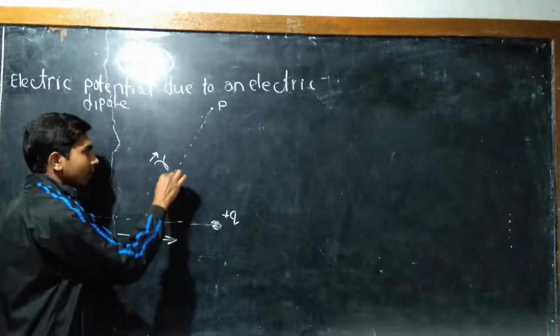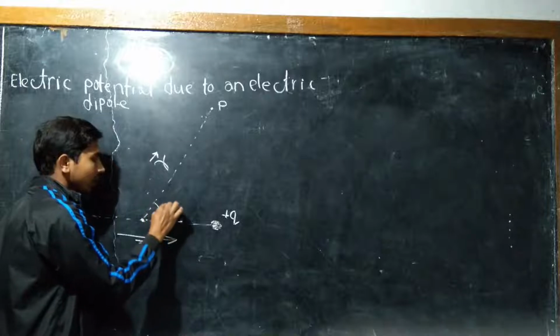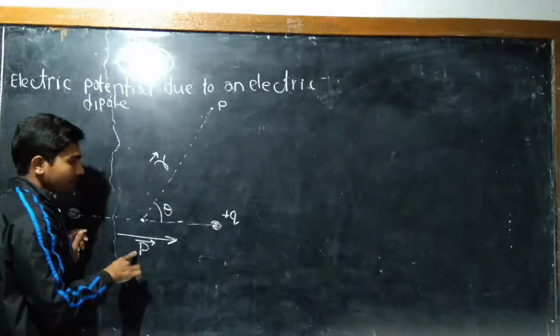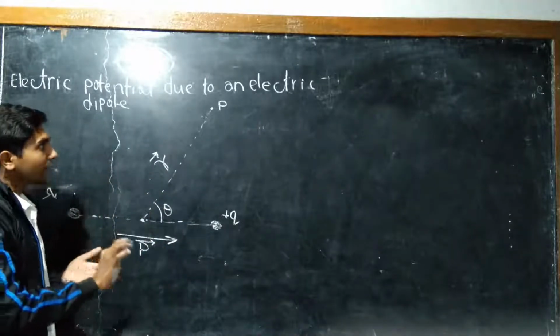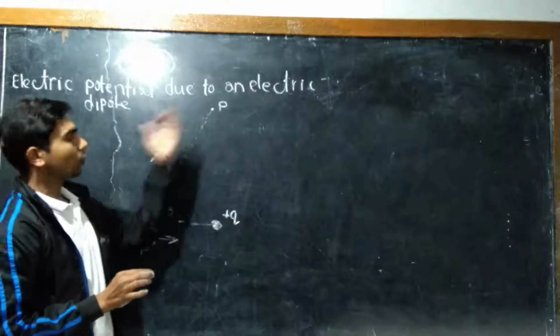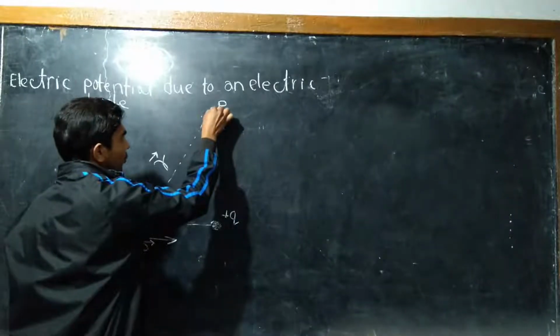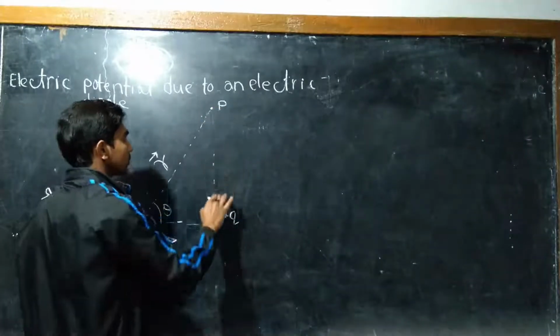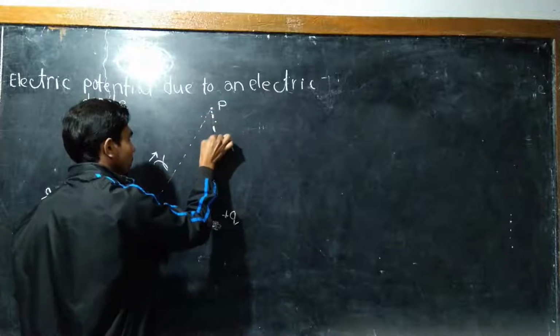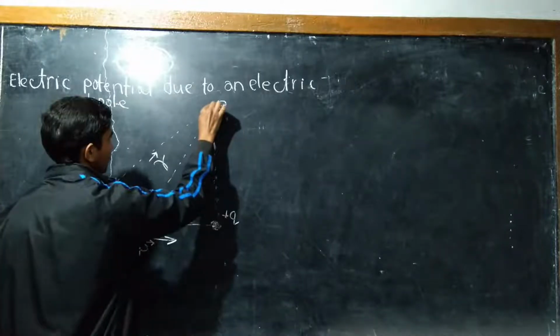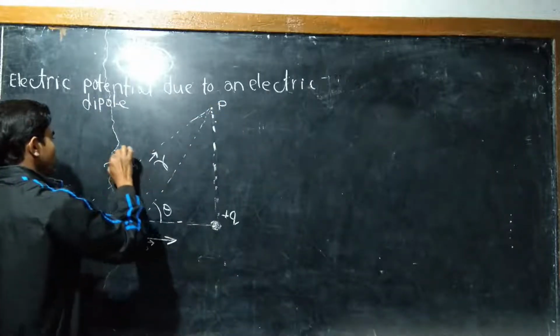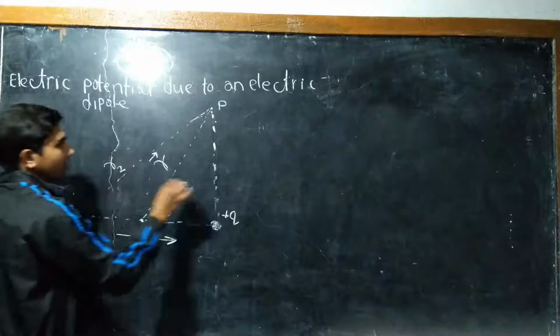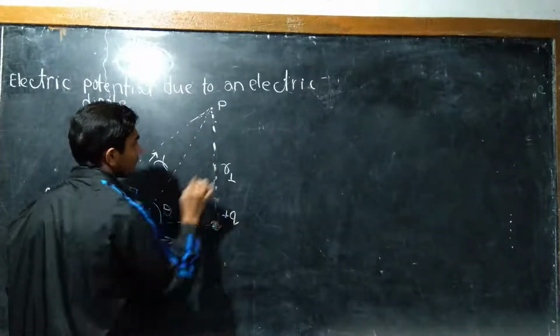And the angle between these two is given. Angle between r vector as well as p is given theta, right? And now we are going to find potential at this point, right? So suppose this one is your R2, this one is your R1, right?